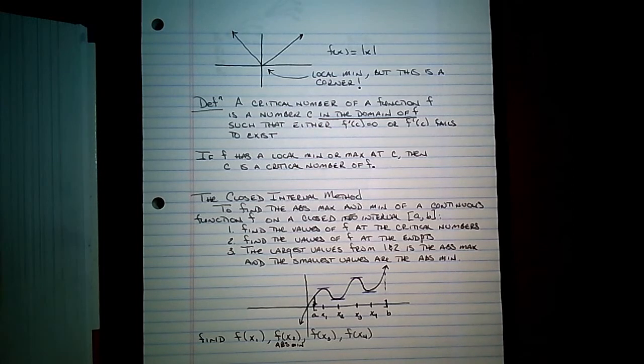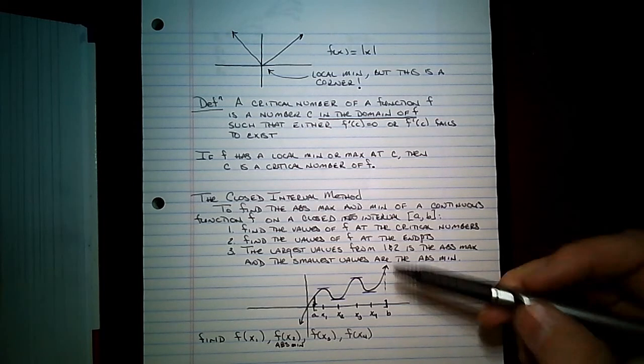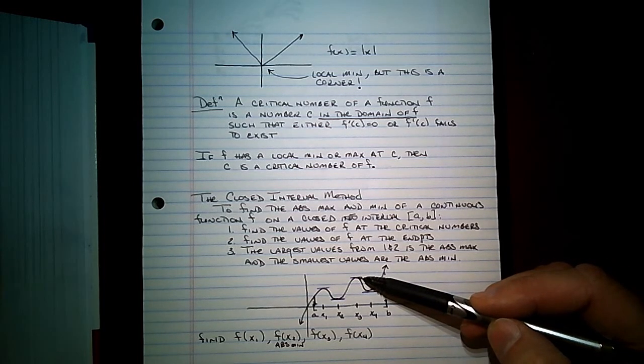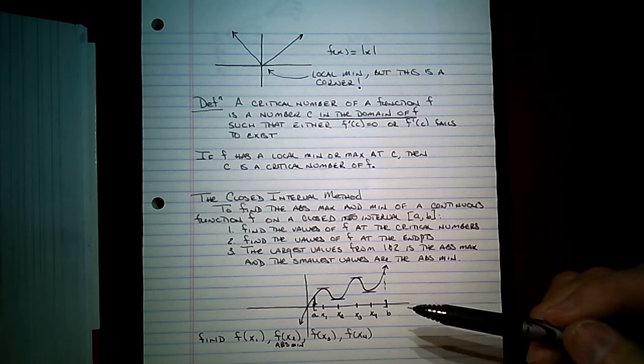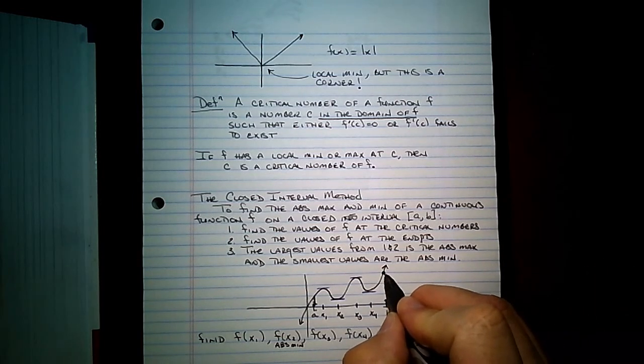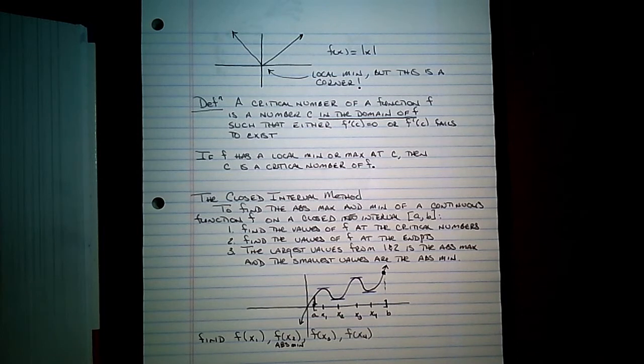However, we would have failed in finding the absolute max. We would have said this is the biggest y value right here, so this is my absolute max. Clearly not the case. This y value right here is much bigger, and we did not find that by using just the critical numbers. Hence, step 2.